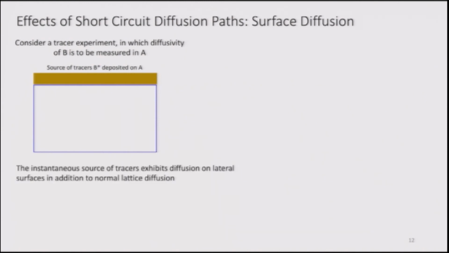The instantaneous source of tracers exhibit diffusion on lateral surfaces in addition to the normal lattice diffusion.